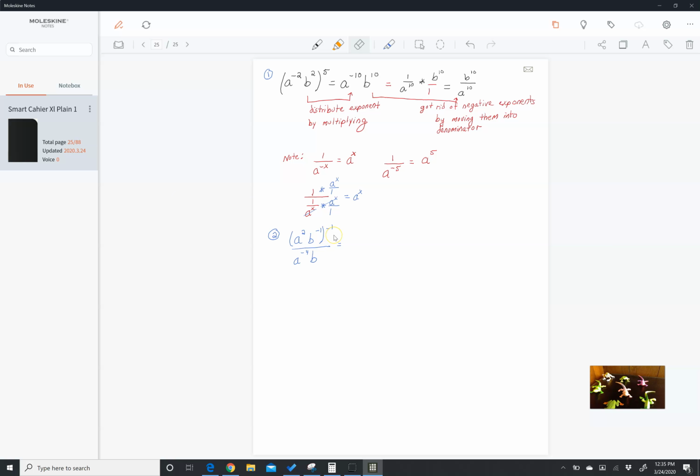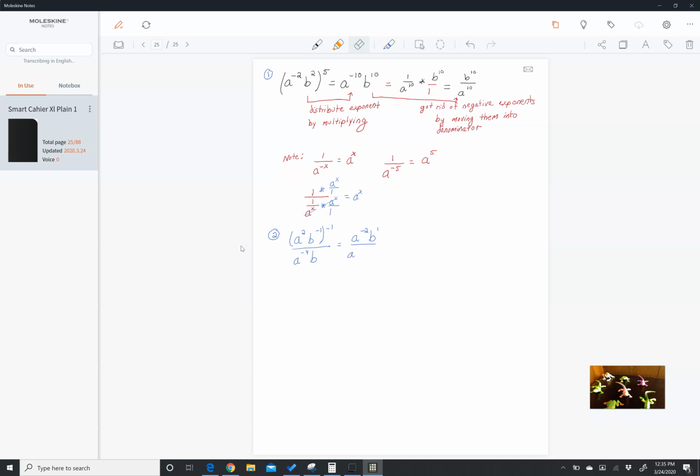So a squared, our goal is going to be the same. I'm sorry, I should have put this in black, but it doesn't matter so much. Our goal is going to be the same. We want to get rid of exponents first. So we see a negative 1 out here. The way that we get rid of the exponent is we distribute it. Okay, so we wind up with a to the negative 2, b to the positive 1. You don't have to write the 1. I'm writing the 1 here just so that you see that it's there.